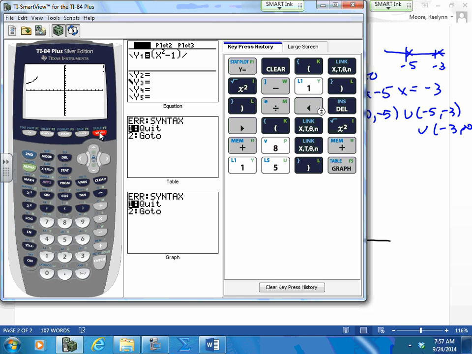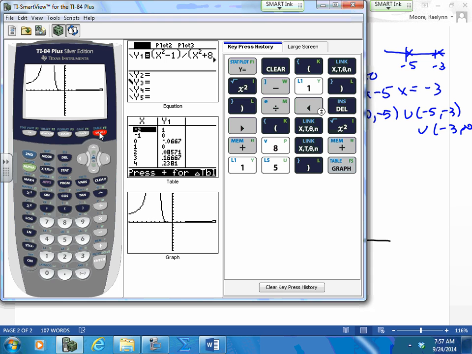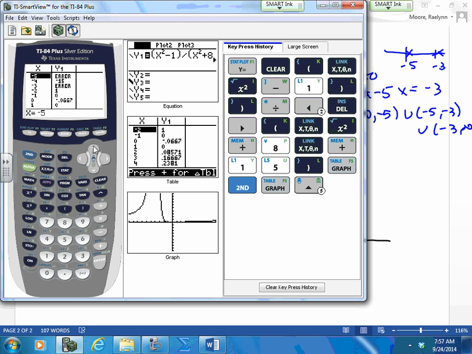See the -5 doesn't let you use it, and the -3 is not going to let you use it. It's got some weird looking things going on because you had some breaks in here. So when we look at your table, your -3 and your -5 say error. See it? They say error. Because we can't use those. That's why we definitely know that those circles are open.